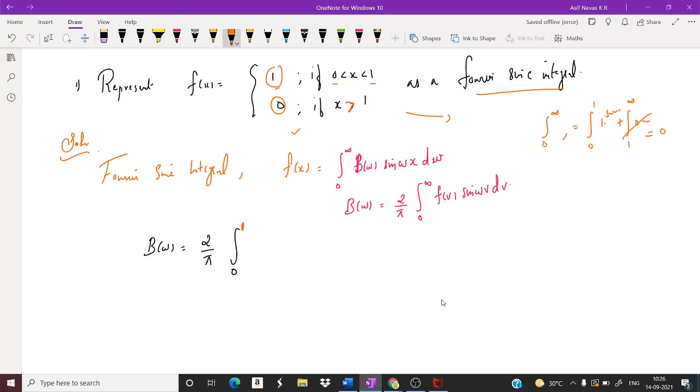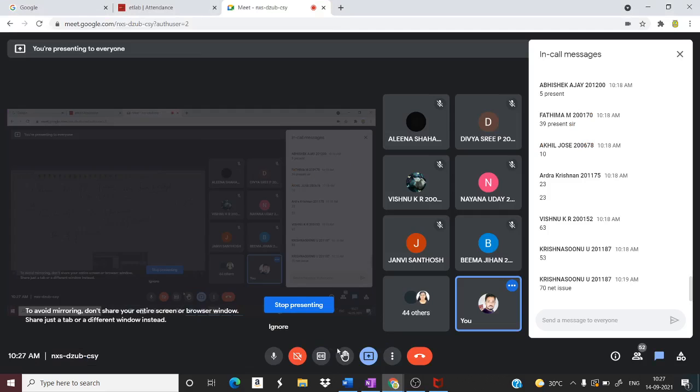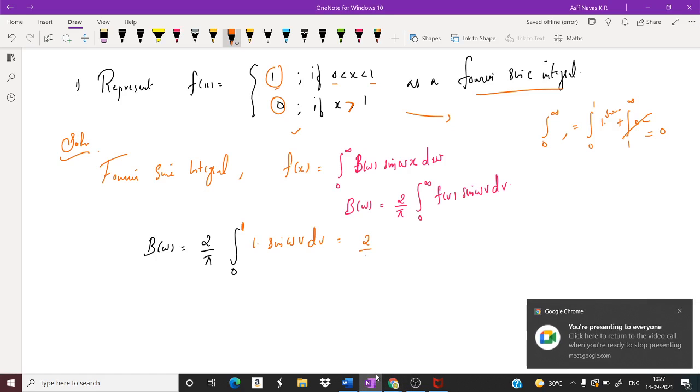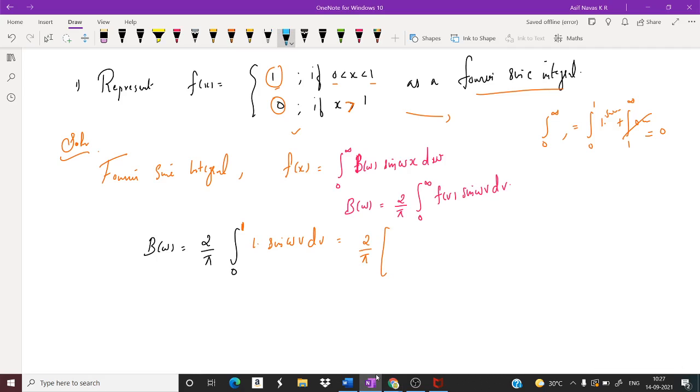So f of v is 1, and the integral is 2 by pi times the integral of sin omega v dv. We know the integral of sin omega v is minus cos omega v divided by omega, from 0 to 1.